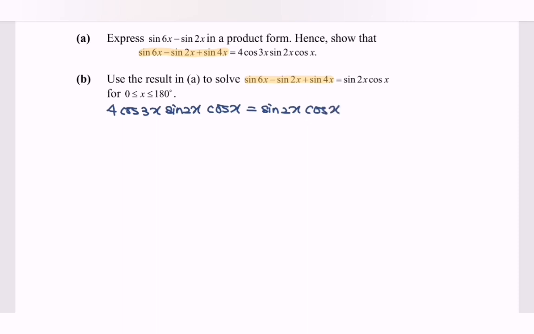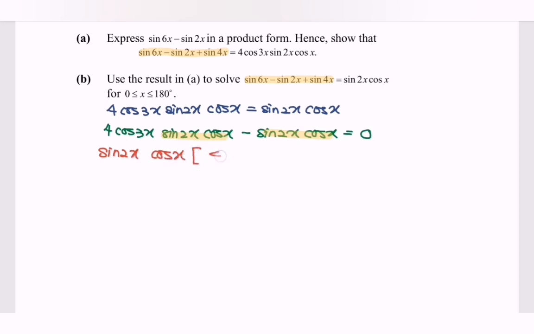Kindly rearrange the situation. 4 cos 3x sine 2x cos x minus sine 2x cos x equals to 0. Kindly factor the situation where we have a common term. So, sine 2x cos x bracket 4 cos 3x minus 1 equals to 0.